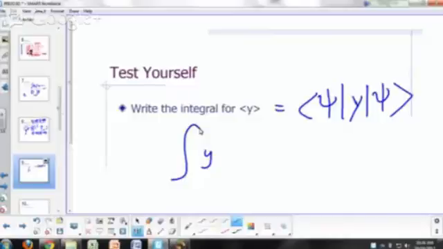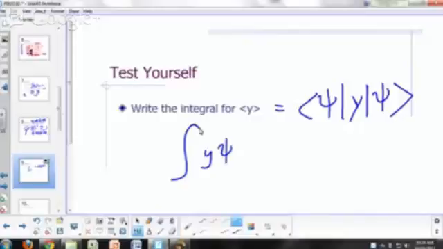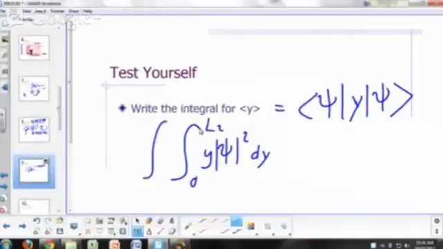So this is going to be y times, you write your psi there, right? Okay, since we didn't specify what it is, you can just say psi squared dy from y equals 0 to L2, and then you integrate over dx from x equals 0 to L1.